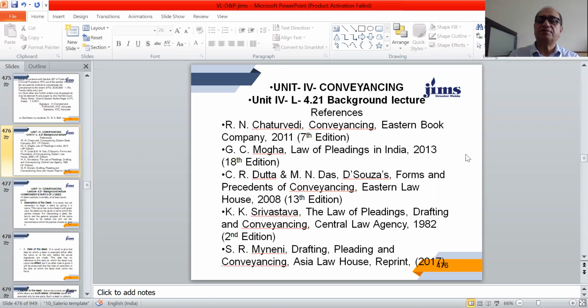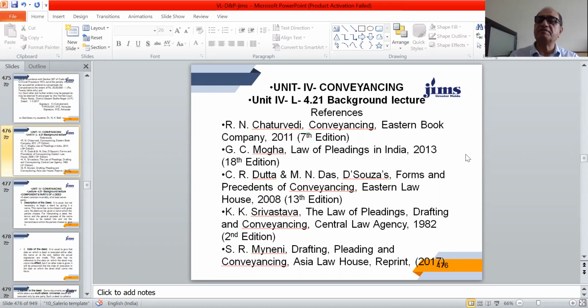In this paper of drafting of pleadings and conveyance deeds, we will learn the drafting of conveyance deeds. Conveyance deed means where one person transfers his rights to another person by means of a deed. This deed may be, for example, sale deed, gift deed, lease deed, mortgage deed, exchange deed, or even relinquishment deed.